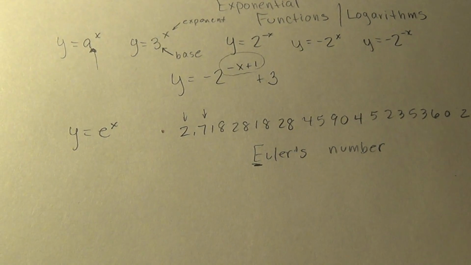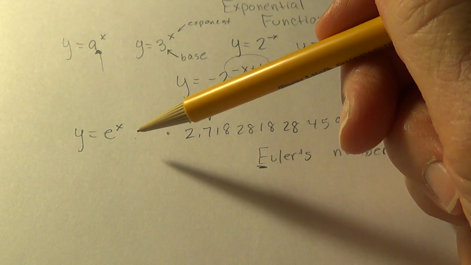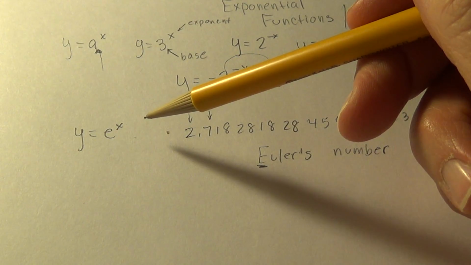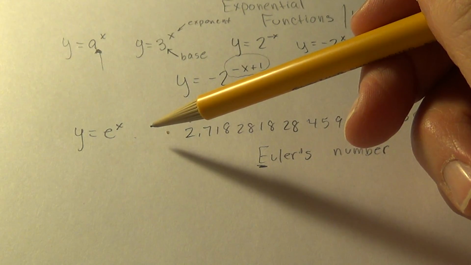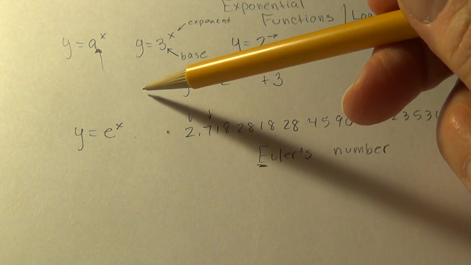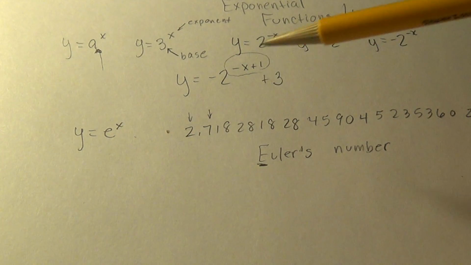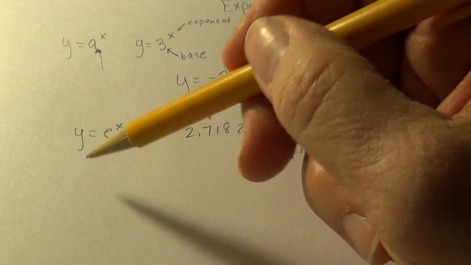This number, I say, is so important because it pops up when we study population growth or decline. It pops up when we watch the growth or death of viruses, bacteria growth. It pops up in finance when we see our money grow. It pops up in statistics every day.